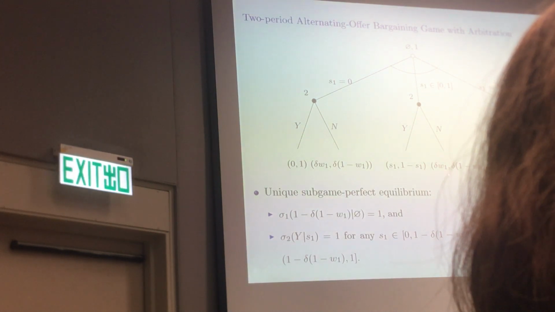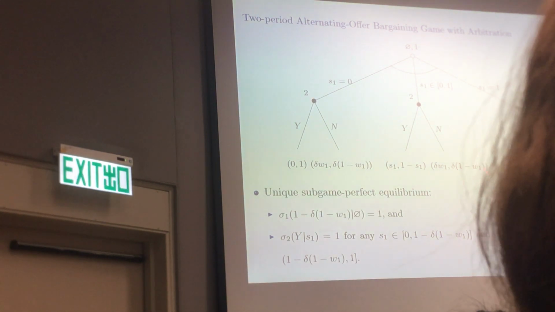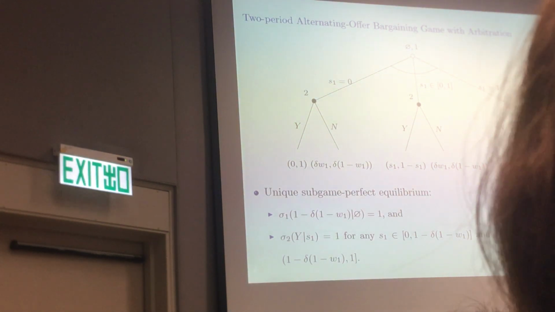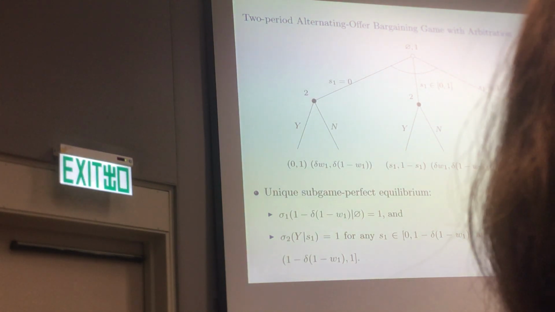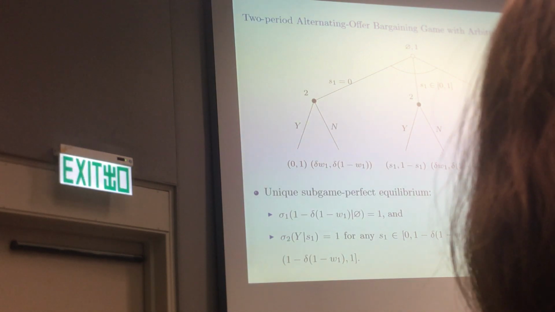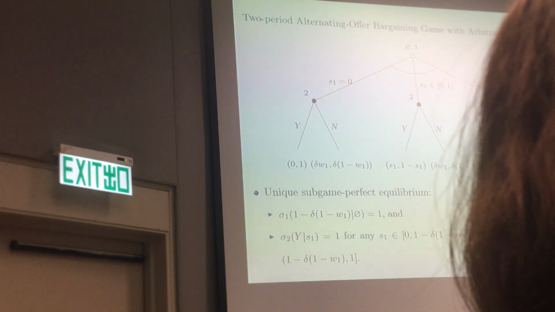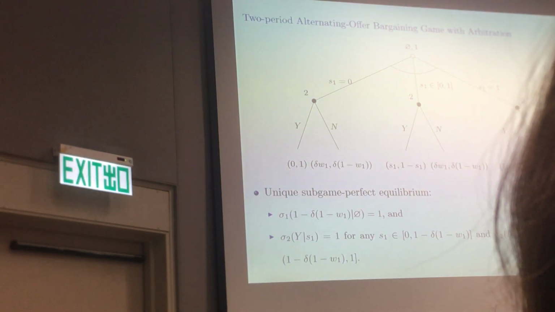This is the payoff of player 1, and this is the payoff of player 2, from whatever happens in the future. So we are doing backward induction. We already know what happens in the second period if they reach it, and we incorporate that information into this game tree.